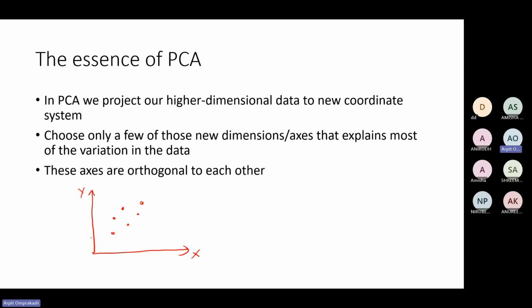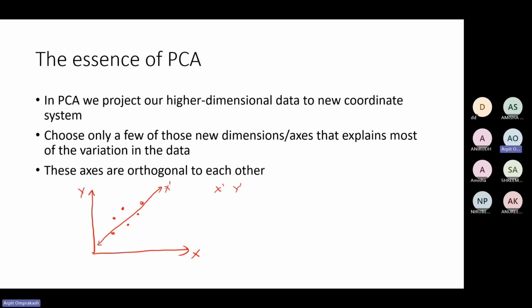The current axes are X and Y. We want to build two new axes, X prime and Y prime, such that these axes capture most of the variation of the data. So as you see, if you draw a line here, visually, if you inspect, that will capture most of the variance in your data, because your data varies significantly along this direction, right?